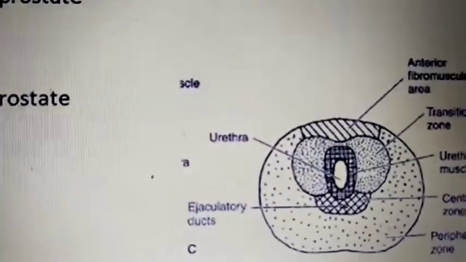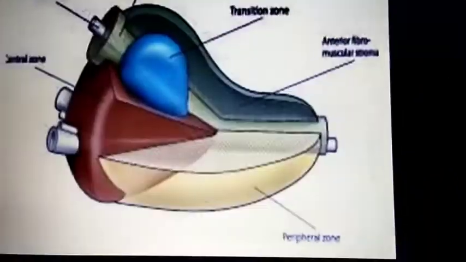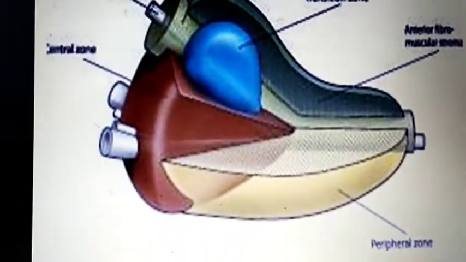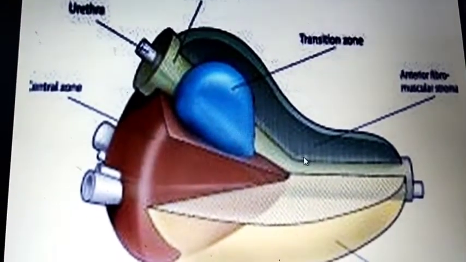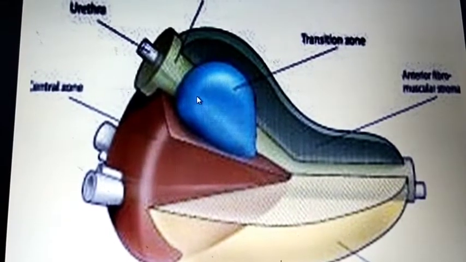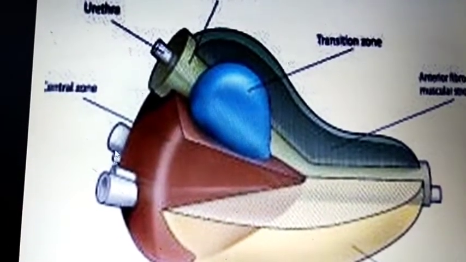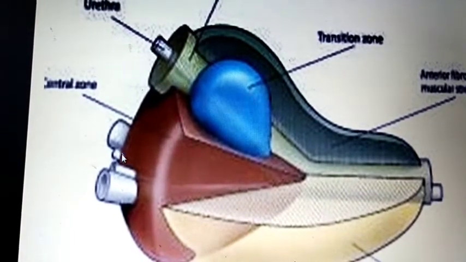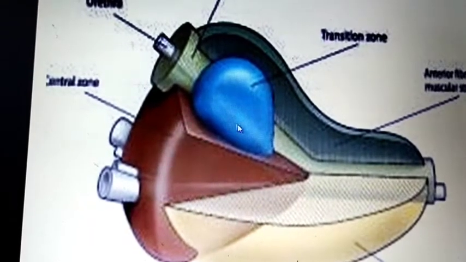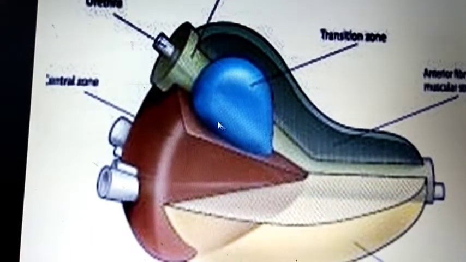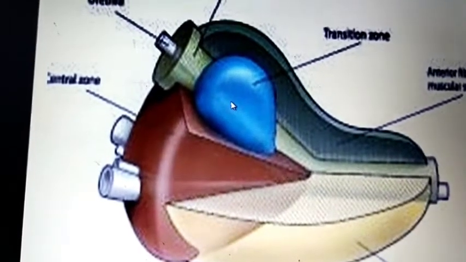You can see in this picture and easily understand zonal anatomy. This is the urethra, and these two are the ejaculatory ducts. The part of the prostate that mainly covers the urethra is the transitional zone.